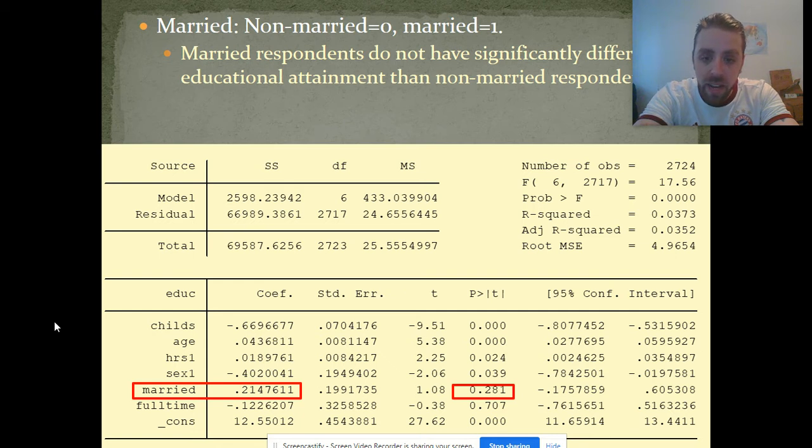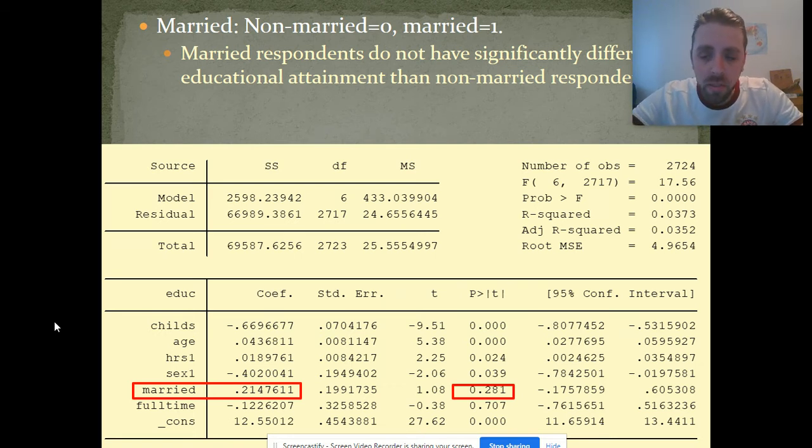Notice how that p-value, 0.281, I will ask you, is that number less than 0.05? No, it's not. It's significantly greater than 0.05. So anytime you see a p-value above 0.05, the correct interpretation is that this variable is not a significant predictor of the dependent variable.